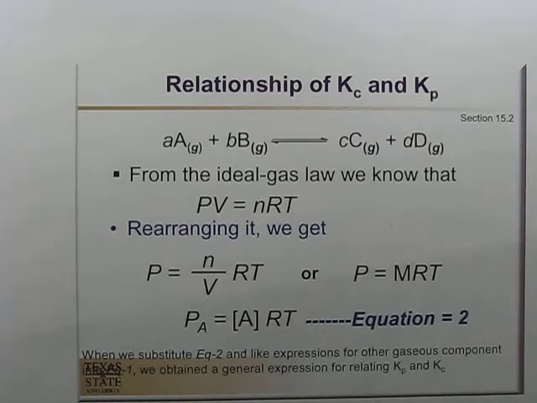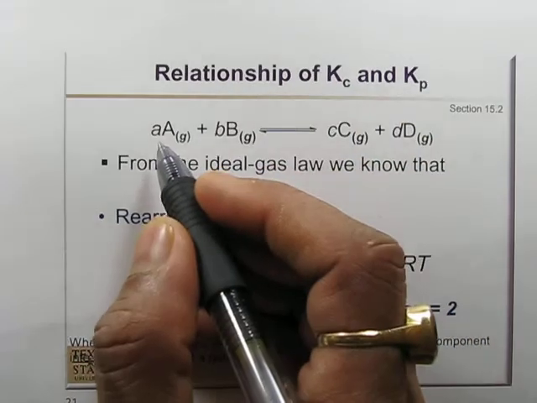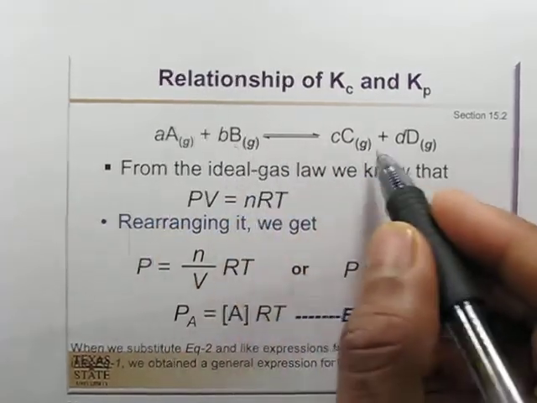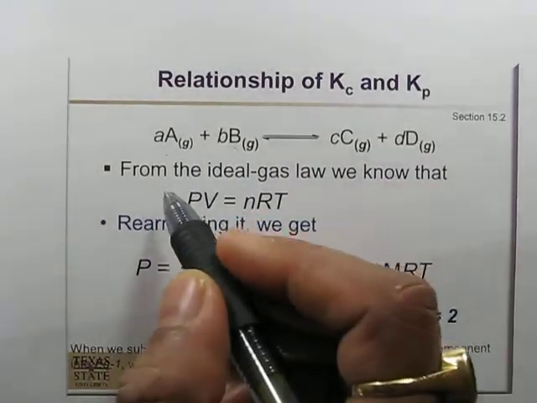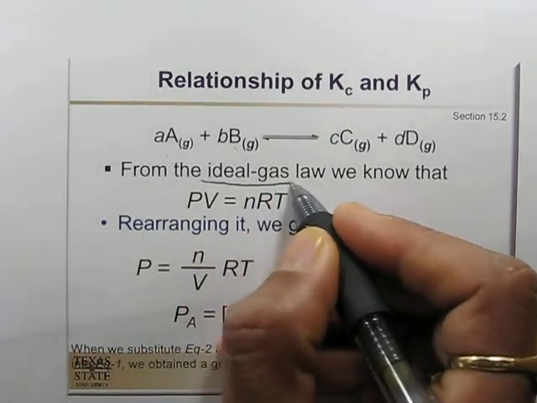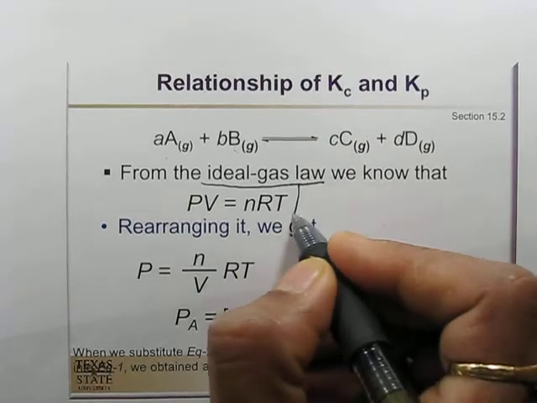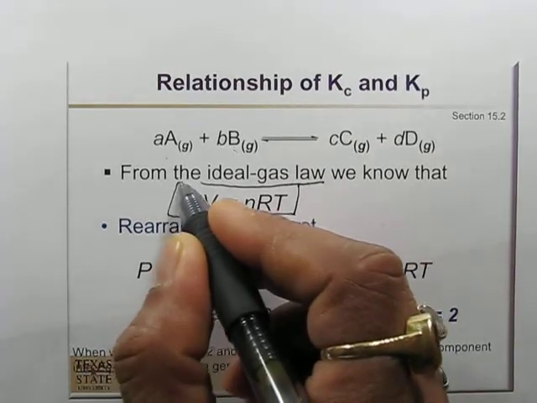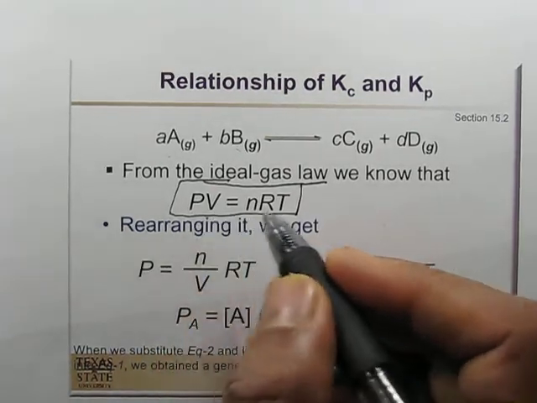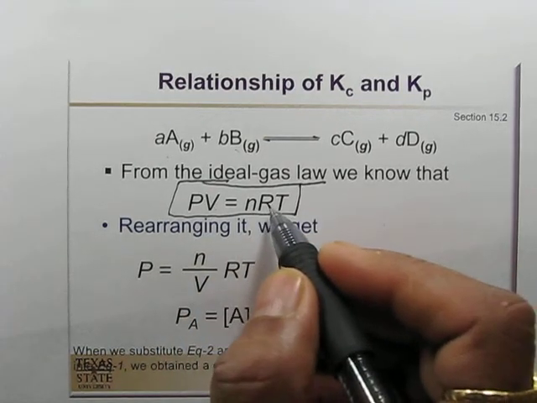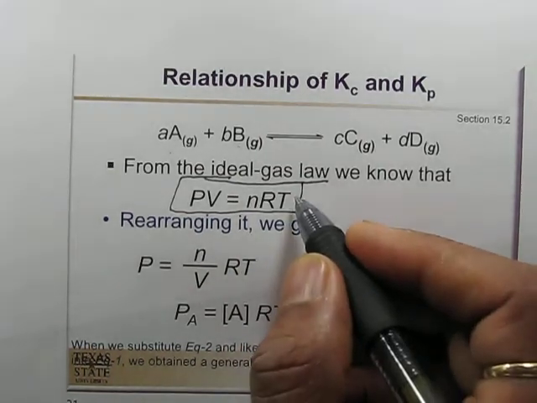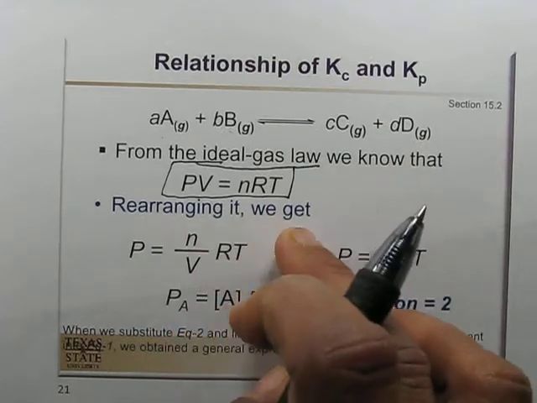So let's continue with this reaction: small a capital A in the gas phase, and these are the reactants, and C and D are the products. From the ideal gas law, if you remember the gas chapter, we know the ideal gas law is PV equal to nRT. P is pressure, V is volume, small n is number of moles, R is the gas constant, T is temperature in Kelvin.